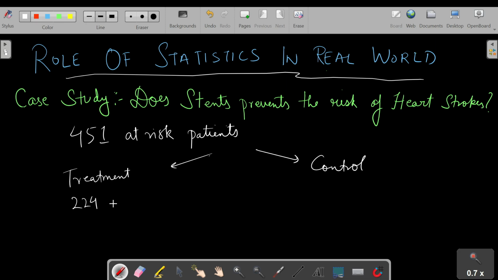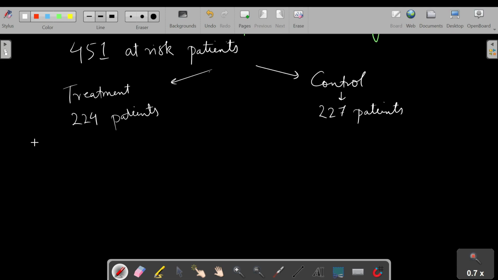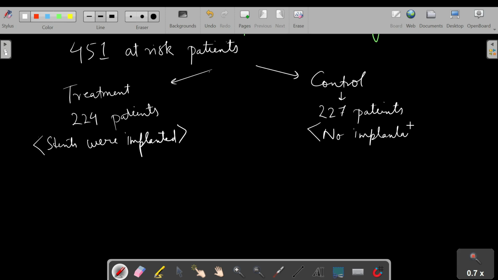In the treatment group they kept around 224 patients, and in the control group they kept 227 patients. All the patients in the treatment group were given stents, stents were implanted in these patients, and the patients in the control group were not given stents, no implantation of stents.